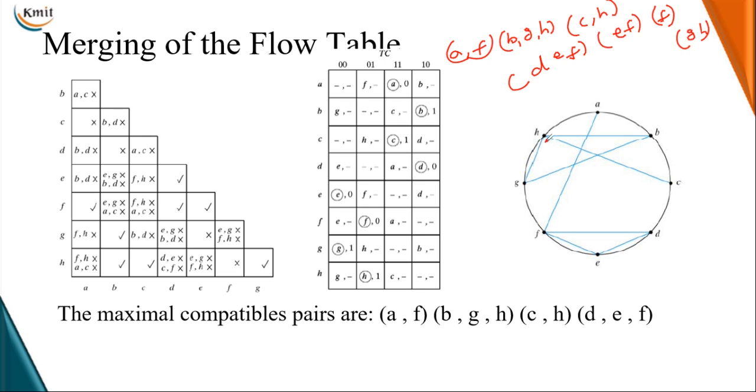Now if I write that covering diagram, we have A, B, C, D, E, F, G, H. First let me combine A, F, a line drawn from A to F, thereafter B to G, G to H, C to H, thereafter we have to draw for D, E, F, and then for E, F, which is also included.